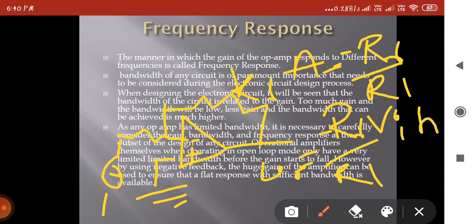The manner in which the gain of the op-amp responds to different frequencies is called the frequency response.